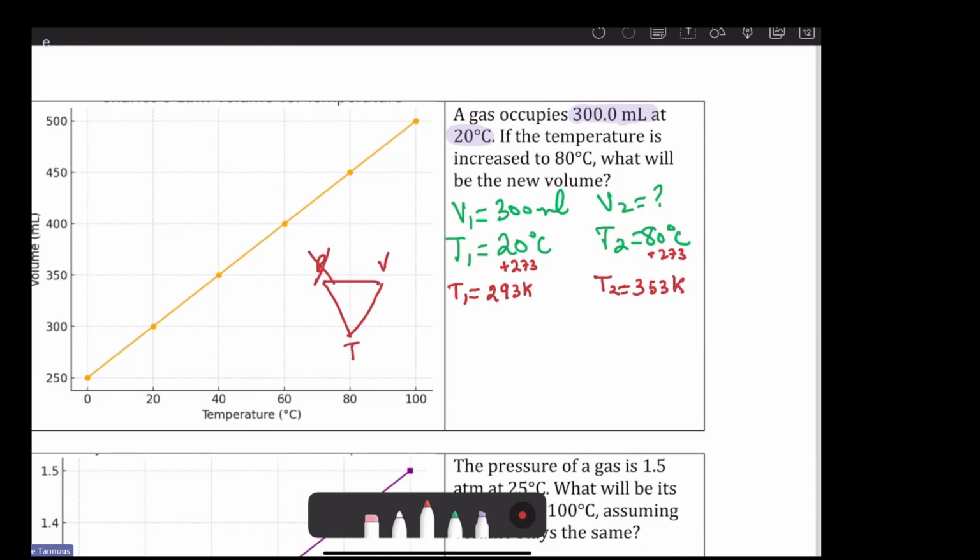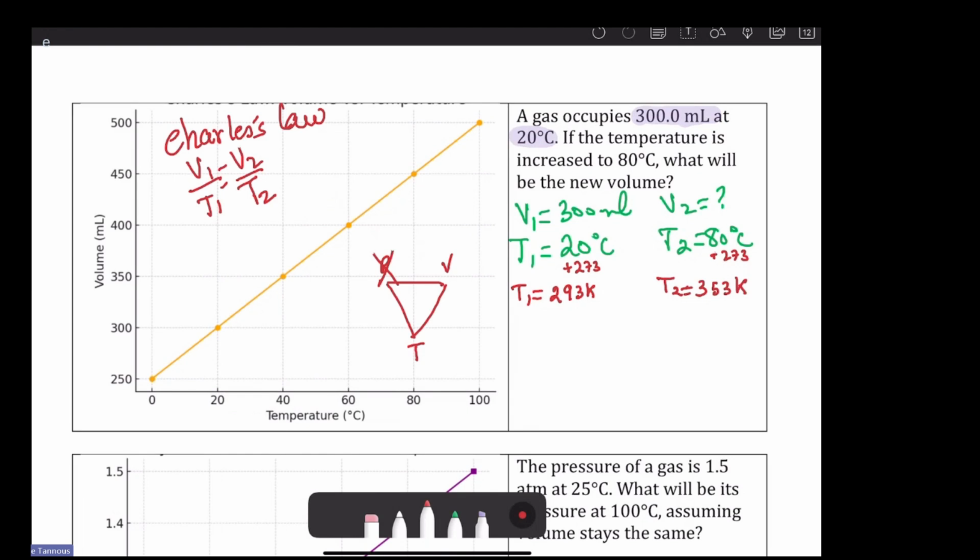So the formula is Charles' law, showing a direct relationship between volume and temperature. It is V1 over T1 equal V2 over T2. So if we look at this one, for 300 milliliter, the temperature was 20 degrees Celsius.